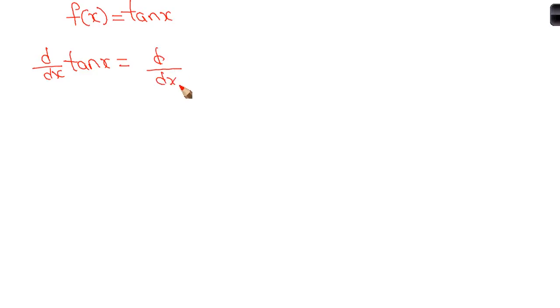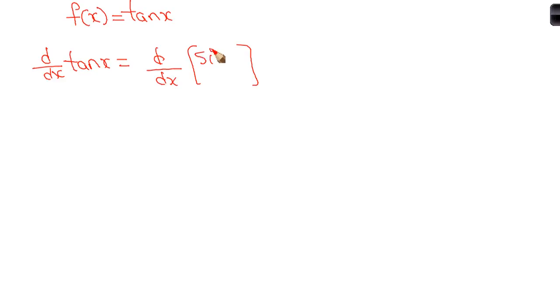Next, let me derive, let us assume f of x is tan x. I would like to find the derivative of the function which is tan x. I can use the same first principle, or the quotient rule here.